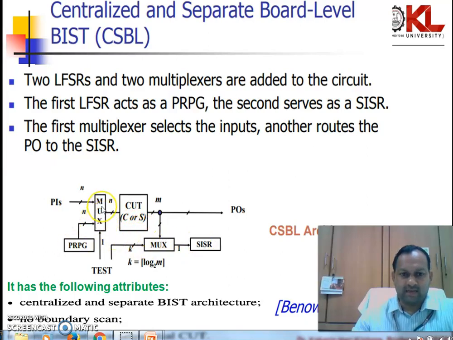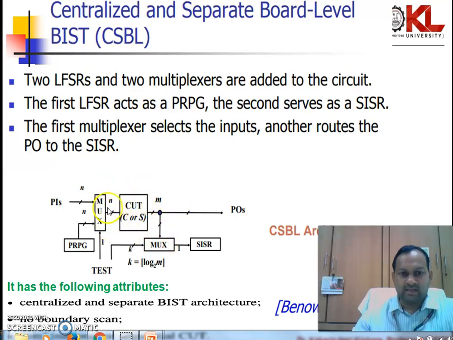The first LFSR acts as the PRPG and the second LFSR acts as the SISR, serial-in signature register. The first multiplexer selects the inputs and routes them to the primary outputs and SISR. It has the following attributes: centralized BIST, separate BIST architecture, and no boundary scan.